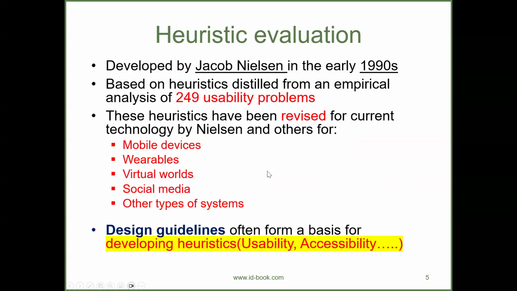We will keep on discussing them in detail when we talk about each one of them in a specific way. Now, let us see what is heuristic evaluation. Heuristics is nothing but a set of guidelines for what makes a digital product user friendly.